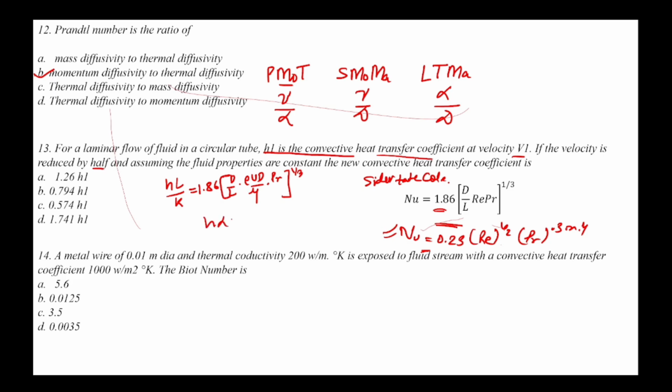So h is directly proportional to V to the power 1/3. So h1 is equal to k V1 to the power 1/3, and h2 is equal to k V2 to the power 1/3.